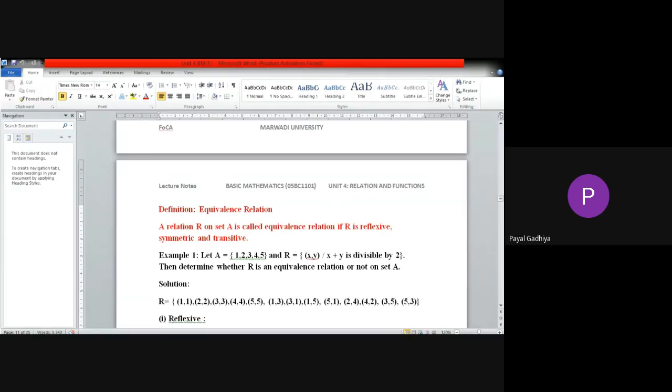So this is relation R, that means all those ordered pairs (a, b) where a plus b is divisible by 2. Is this relation reflexive?